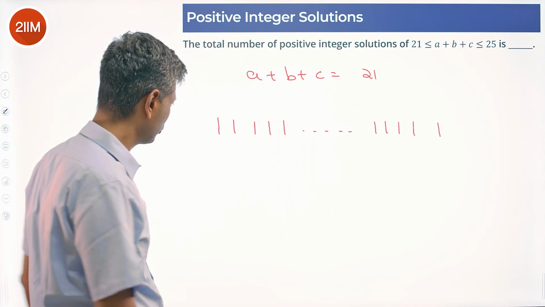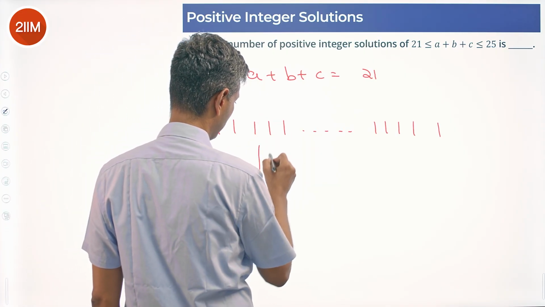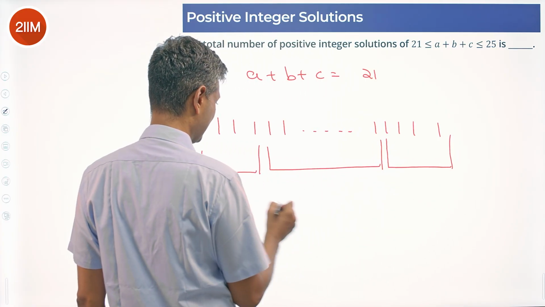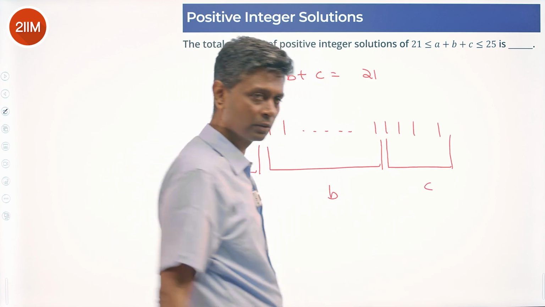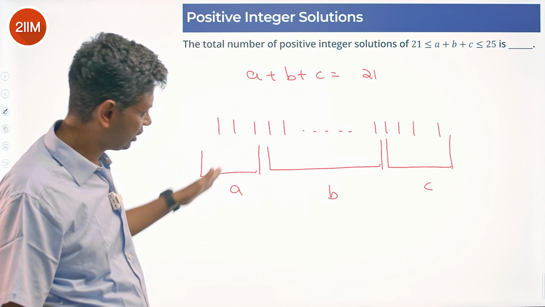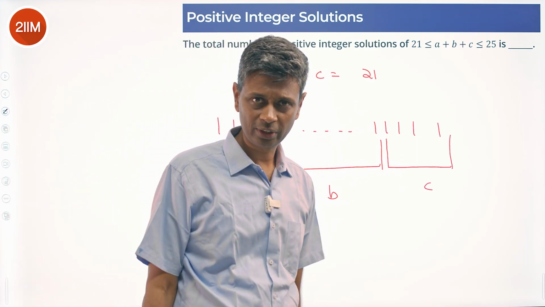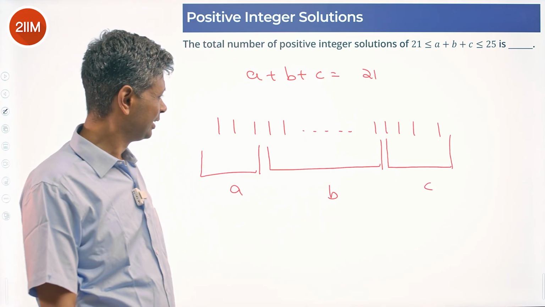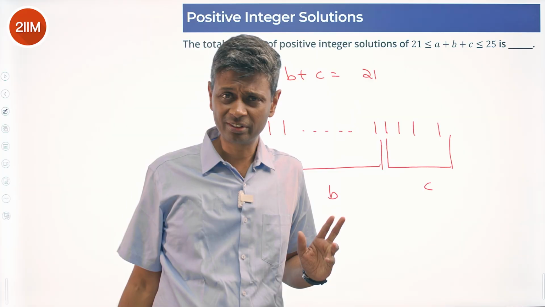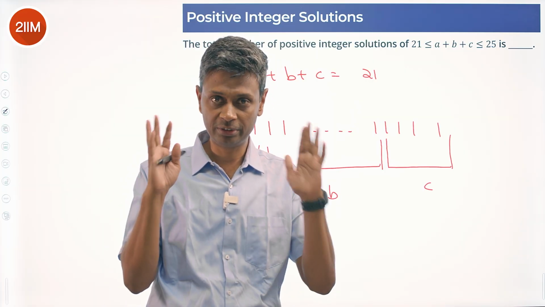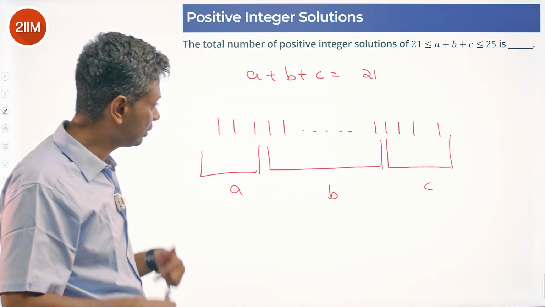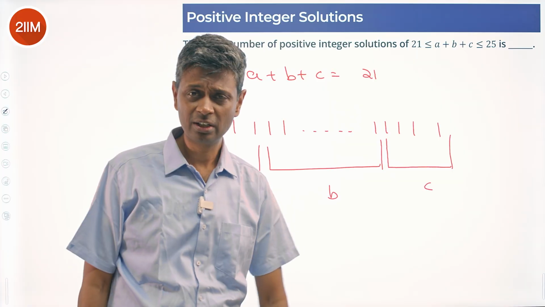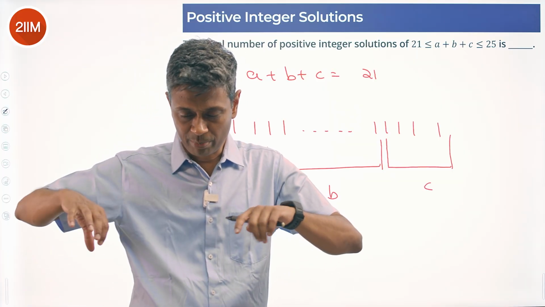Then you say, I'm going to take these sticks and put them into 3 baskets. I'll call this basket A, this is B, this is C. So the first 3 sticks go here, the last 4 sticks go there, the remaining sticks, which should be 14 sticks, go into B. The different ways I can gather these sticks give different combinations for A, B, C. Another way of imagining the same scenario: instead of putting them in 3 baskets, I'm separating them into 3 piles.